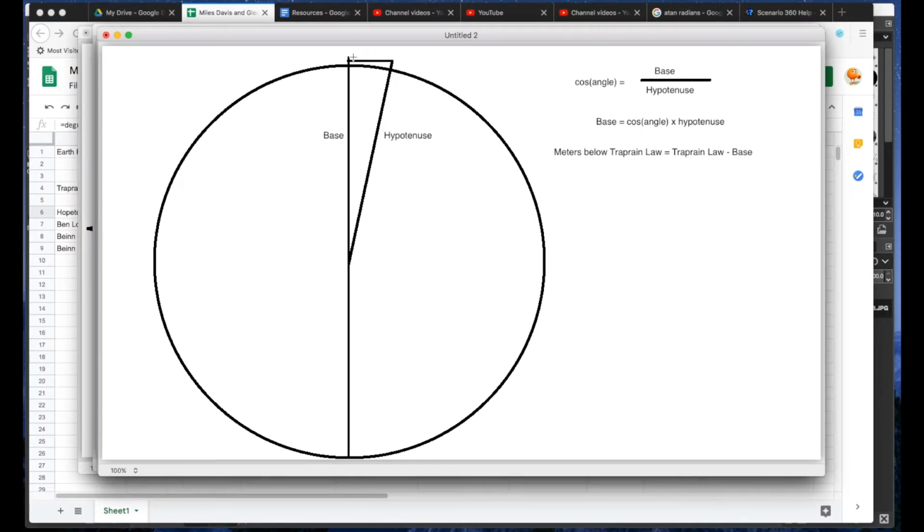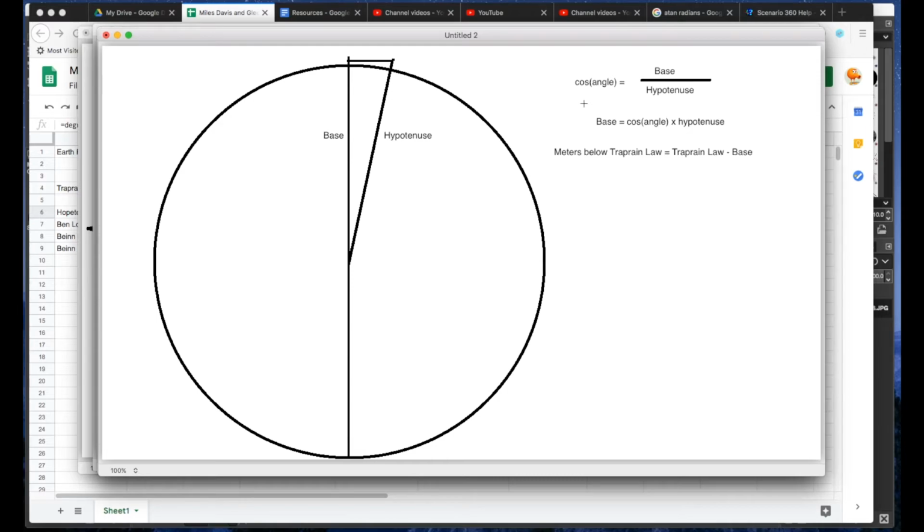The next thing I wanted to calculate was how many meters below Traprain Law that particular observation point would be if you drew a triangle from the center of the Earth to the observation point, then from the observation point to the observer, and then back down to the center of the Earth, where the angle from the observation point to the observer and to the center of the Earth is a 90-degree angle.